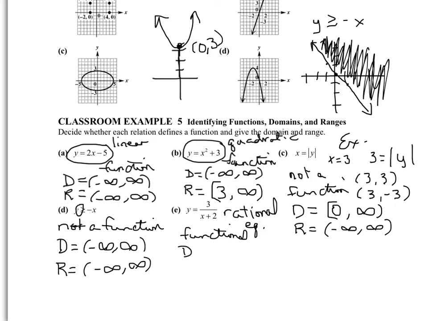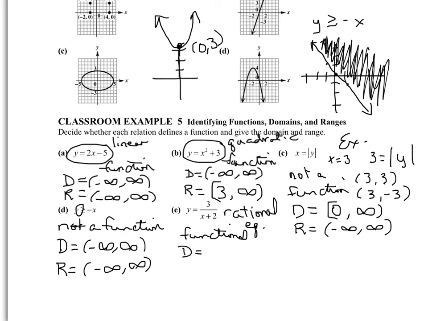Now, the trick is knowing what to watch for in identifying domain and range. The domain is the possible values I can use for x. Because x is in the denominator, you need to remember a denominator in a fraction can never have a value of 0. That's undefined.